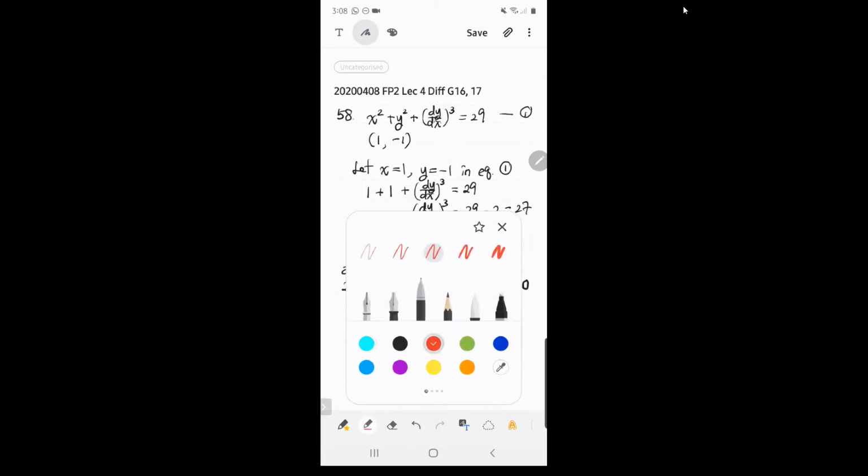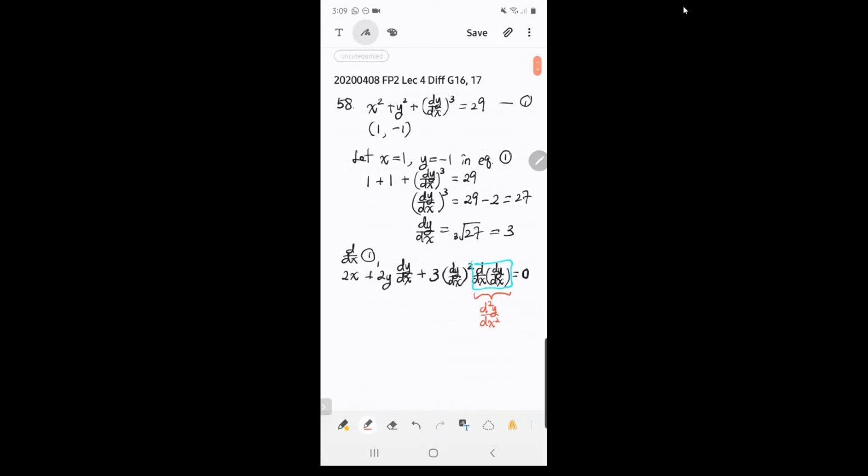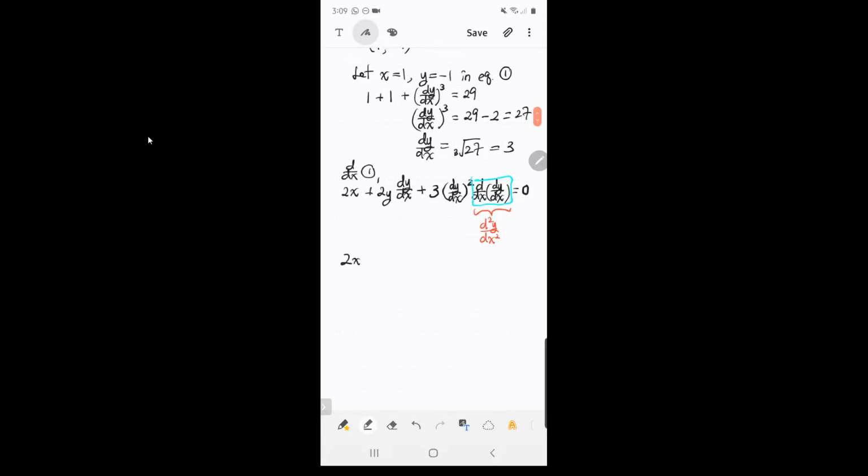Therefore you will get d2y/dx2. Hence, we obtain the expression: 2x plus 2y dy/dx plus 3 times (dy/dx) squared times d2y/dx2, and this is equal to 0.